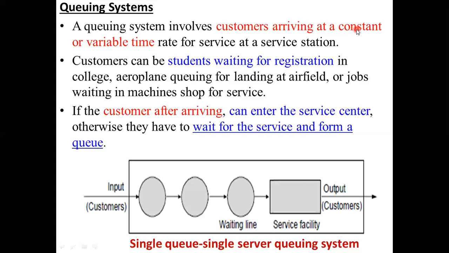One application, for example, is computer printers. Printers also use the queuing system. For example, we have printers in this department which are shared by all the faculty members.